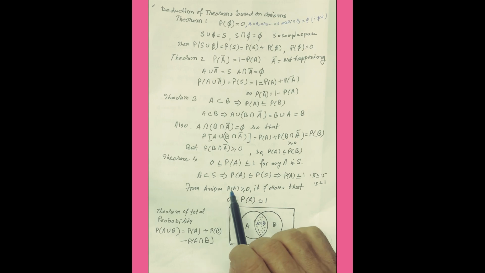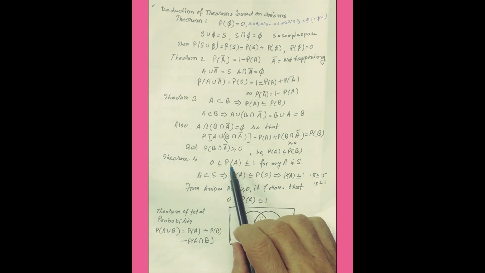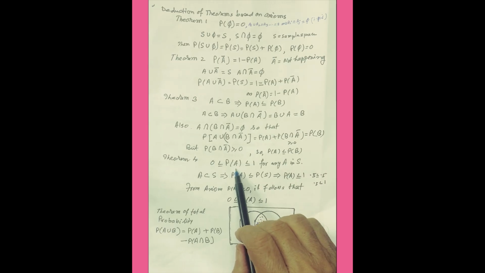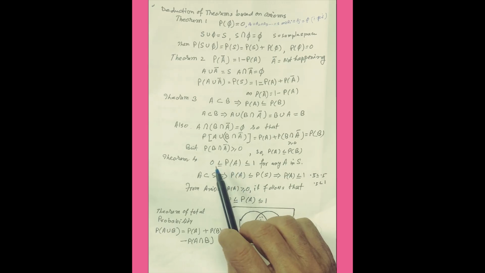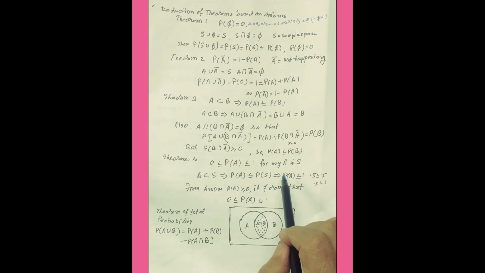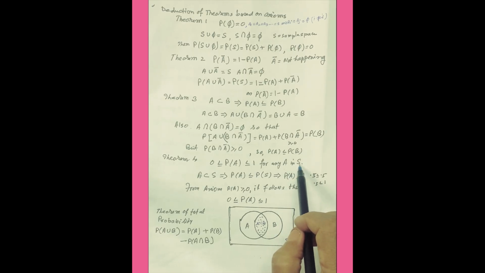Now theorem 4. The probability of an event ranges between 0 and 1 for any event A in the total sample space.